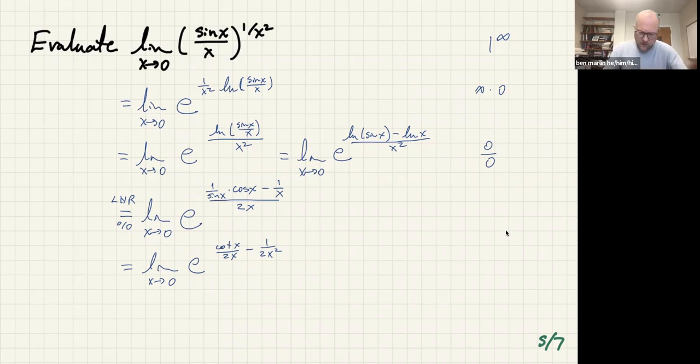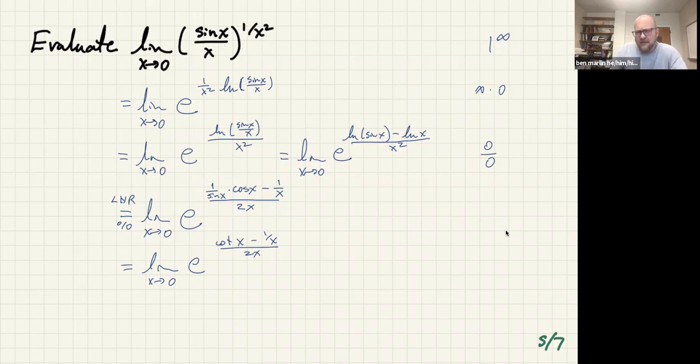So let's try stepping back a little bit there. Let's not rewrite it quite that nice or quite that way. Let's see if we can rewrite it as just cotangent x minus the 1 over x, divided by 2x, and we'll just see what happens then. So as you plug in, the x is going to 0.